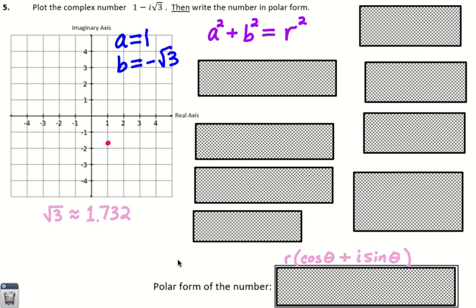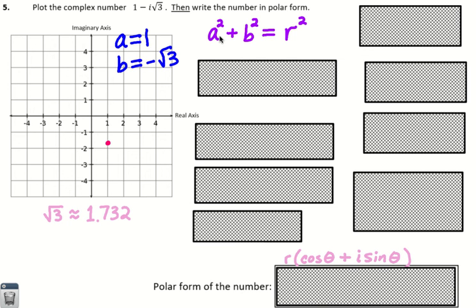But if we have A and B, how are we going to get R and theta? Because that's what we need ultimately. We need R and theta to plug into this polar form of a complex number.